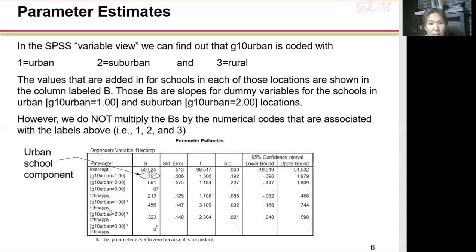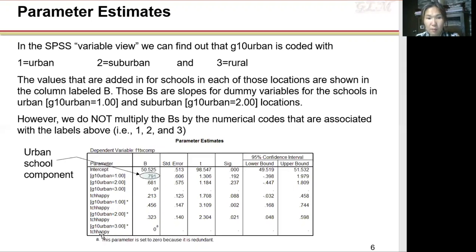And then these three are the interaction effects. Urban times teacher happiness is 0.456, and suburban times teacher happiness is 0.323, and rural was plugged with 0, right?